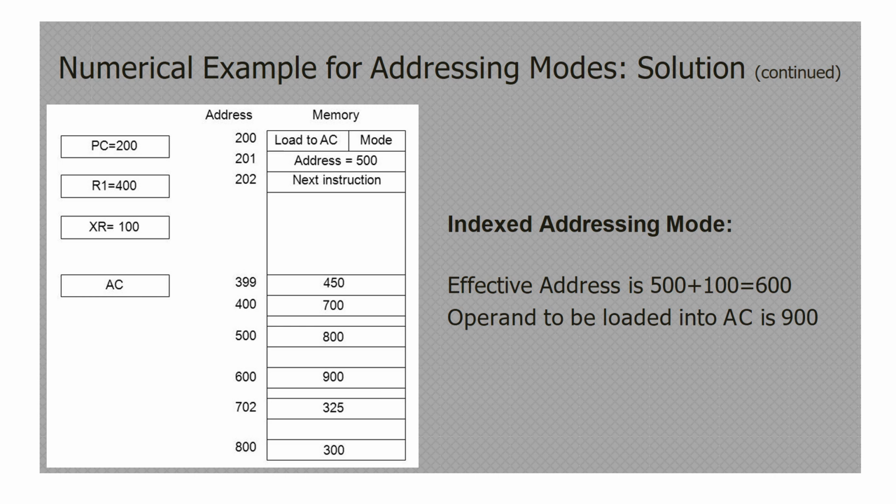In the indexed addressing mode, we have to add the index value to the address in the instruction. So 500 plus 100, so 600 is the effective address, and 600 has the value 900, so that value of 900 is loaded into the AC.